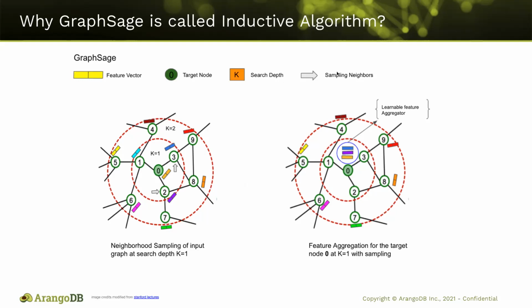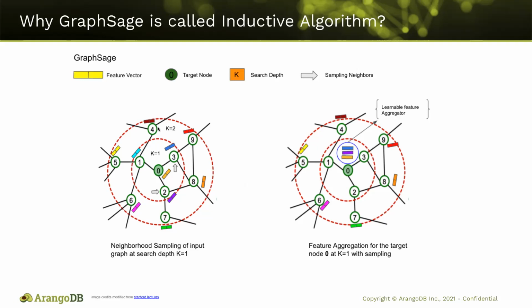This aggregation function could be any differentiable function like mean, pooling, or LSTM, which, when given features from the local neighborhood of a node, knows how to aggregate those features such that the representation of a target node v now includes the information about its local surroundings or neighborhood.